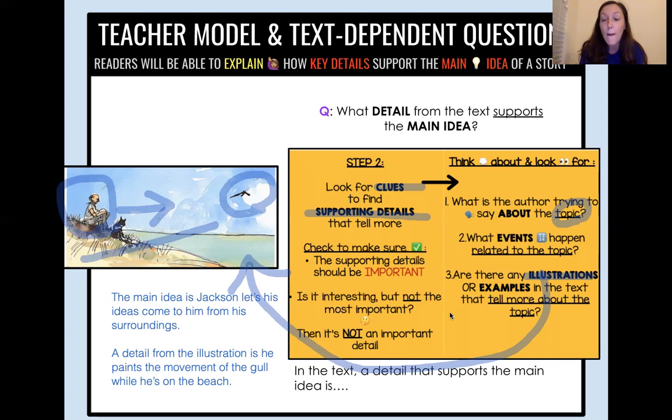We infer by looking at the topic and by finding those supporting details to figure out what the author wants me to know about this page. What's the big idea or main idea about the topic? And we learned that for this page, the main idea is Jackson lets his ideas come to him from his surroundings. And that's exactly what we see in the illustration while he's watching that gull fly on the beach.